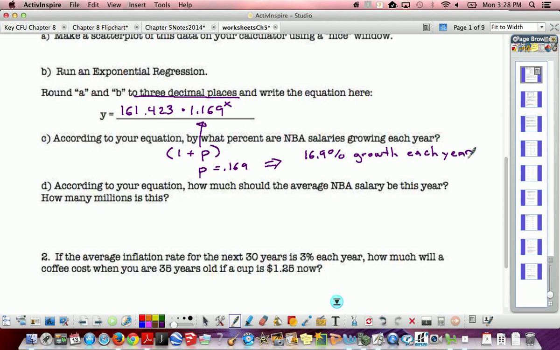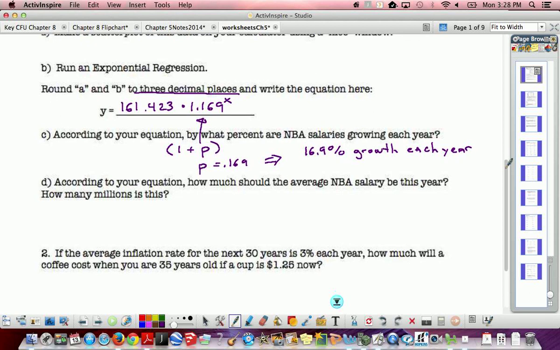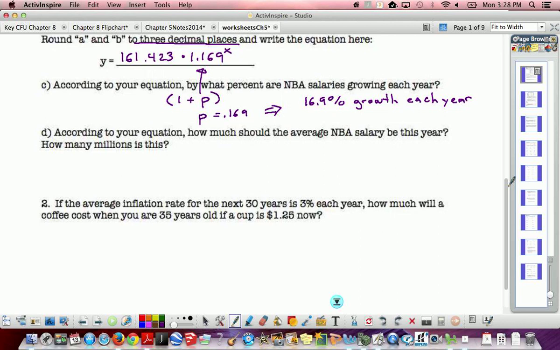Alright, in D it says, according to your equation, how much should the average NBA salary be this coming year? How many millions is this? So this year is 2014. Since it's in the fall, I know those of you who might be watching this video in the spring will say, well, it's 2015.